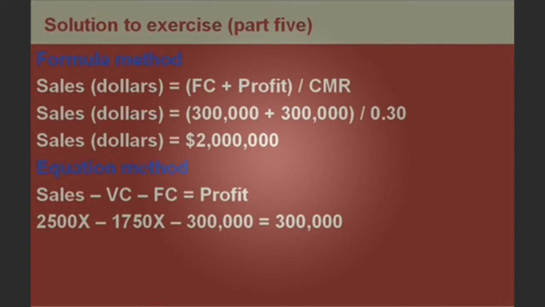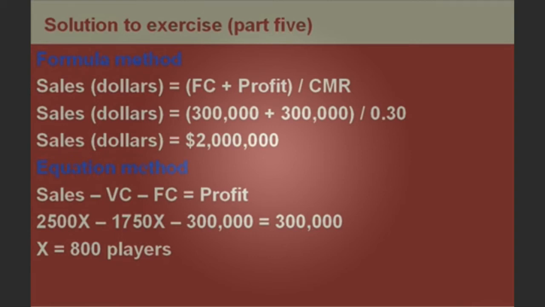So 2,500x minus 1,750x minus 300,000 equals the profit you want to make, which is 300,000. Solve for x. 800 players. But they didn't ask for it in units. They wanted it in dollars. So how do you convert it?